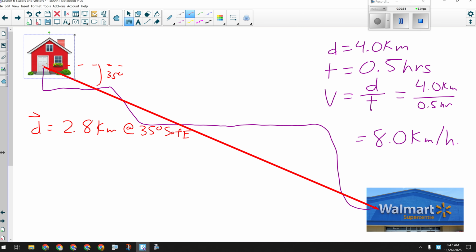How long does it take me to displace myself that 2.8 kilometers at 35 degrees south of east? How long does it take me to do that? Same trip, different points of view.